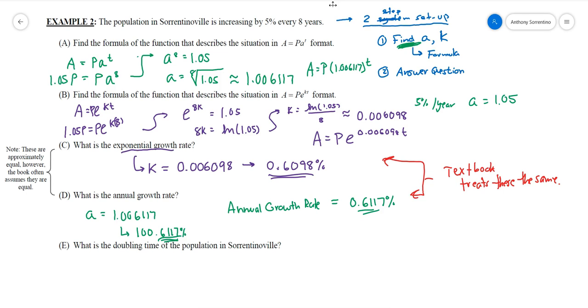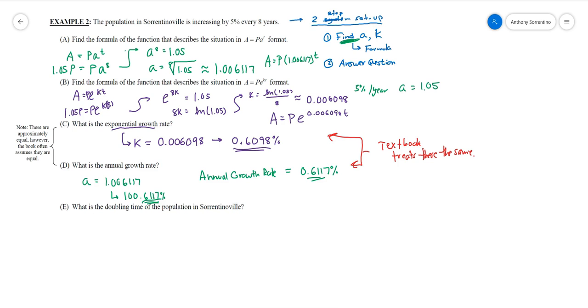Now, with both of these, I can figure out what the doubling time is. As I work on this doubling time, I'm going to show you how to do this using either of the equations, because in both cases I've already found a good formula to use. I have the A equals P times a to the t format. So I could use A equals P times 1.006117 to the t power.